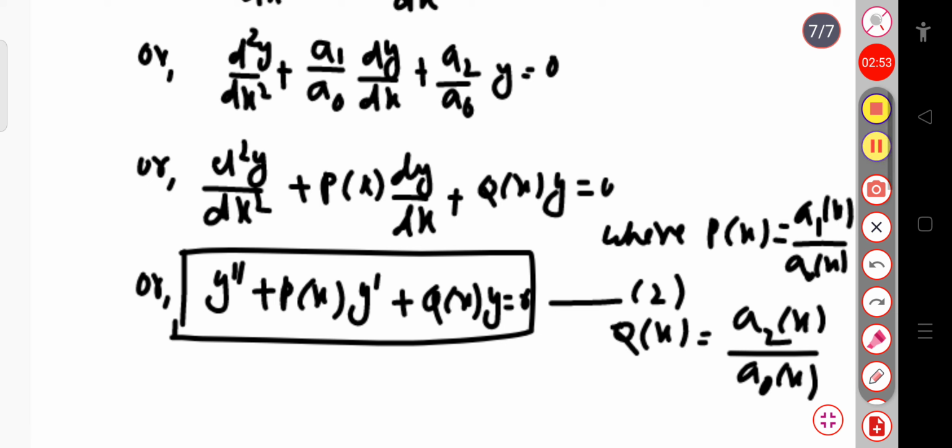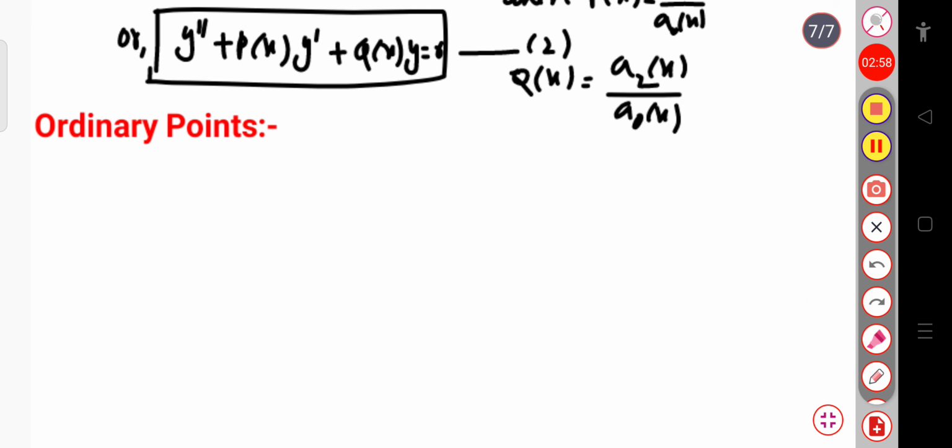Now here we will see what an ordinary point is. Suppose a point is x0.